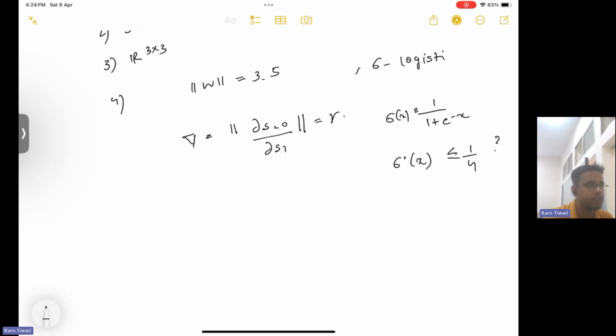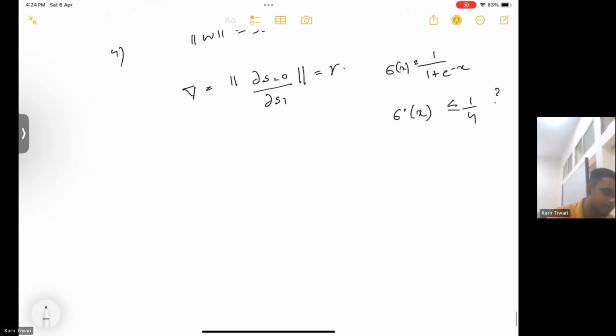Due to backpropagation to the state S1, basically this is S20. From S20 we are going back to the hidden representation S1. So it's gamma to the power n minus 1, which here is gamma to the power 19. It's 1 by 4 to the power 19, which is very close to 0.